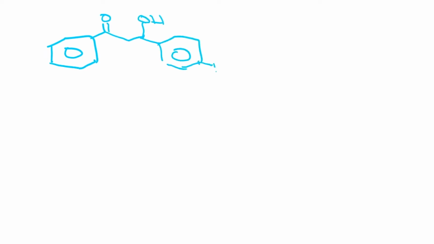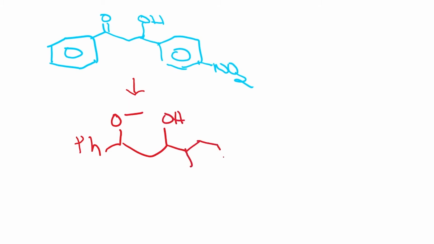This aldol product can pick up a proton, and the proton that you can pick up is shown here. C double bond O, OH. You still have some base floating around in the reaction, so you can propose that this can form the enolate, O minus, OH, and the remaining structure remains the same.